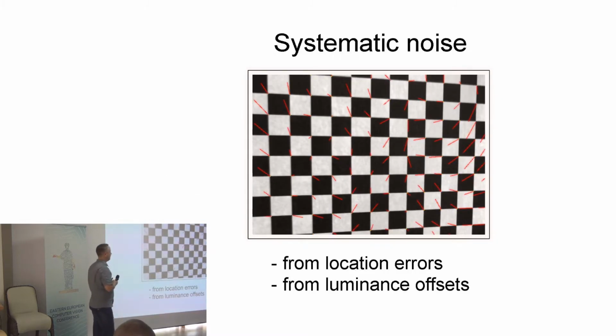And the second big problem is that errors of the feature location are systematic errors. So we have systematic distortion of the image, and we get systematic errors of feature locations, and then we have a large systematic error in the calibration parameters.